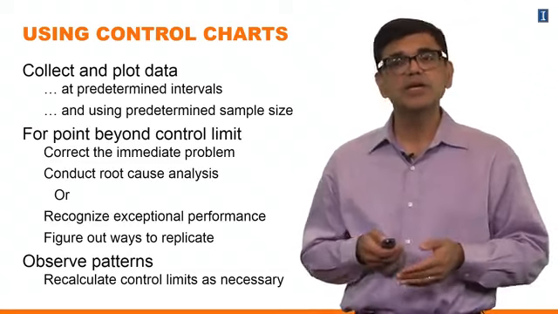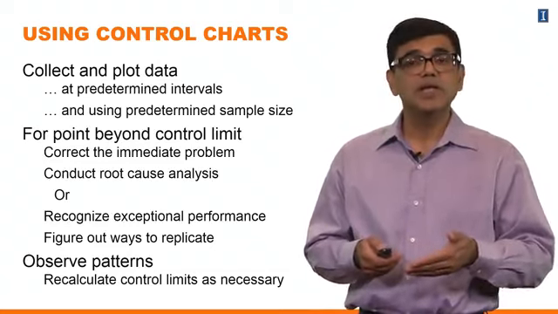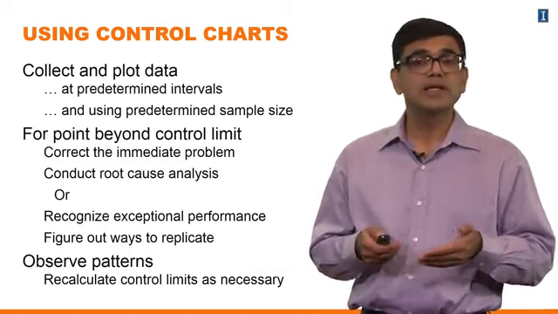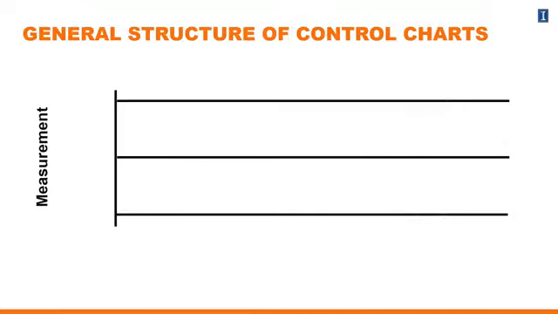And on the other extreme, we can look at patterns that will tell you something even when there's a point that's not outside the control limits, even when there's not a single point outside the control limits. So we'll look at those kind of patterns later, but before that, let's just get a sense of the general structure of control charts. So any control chart will have these three lines called the upper control limit, the center line, and the lower control limit. The center line is going to be some sort of a process average.